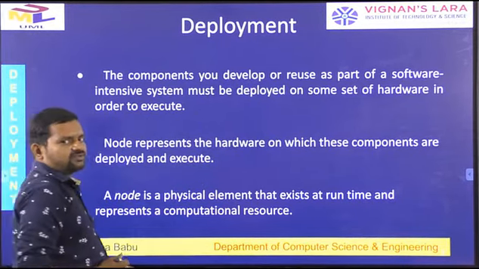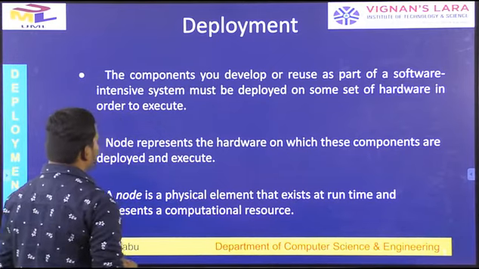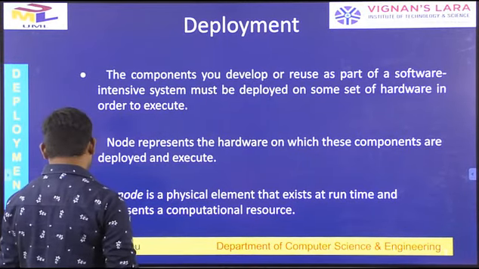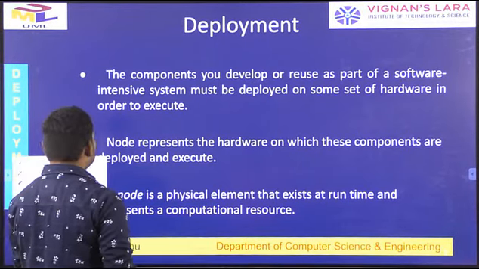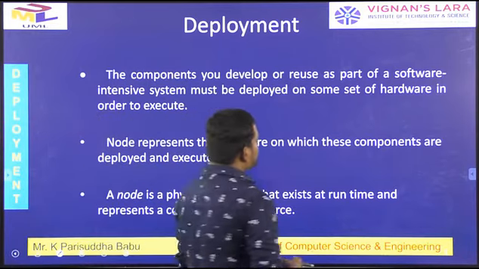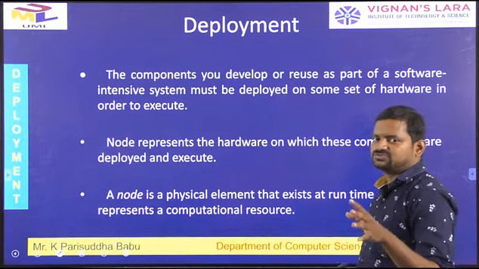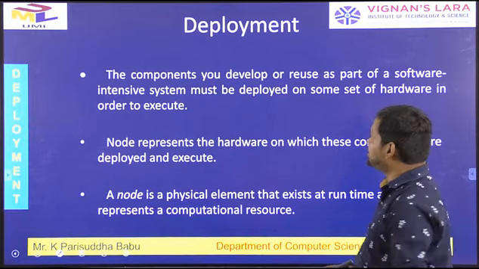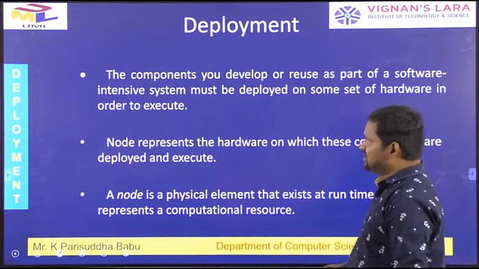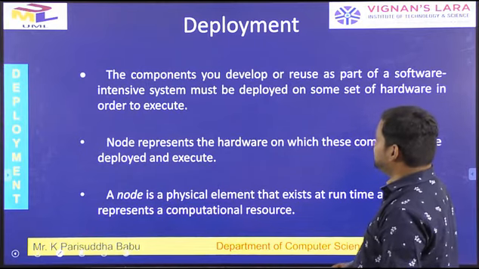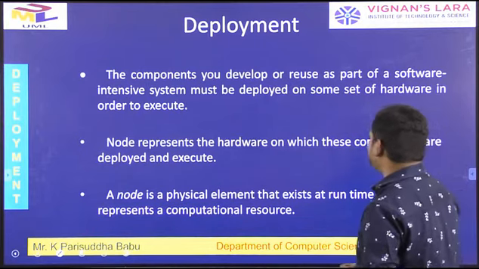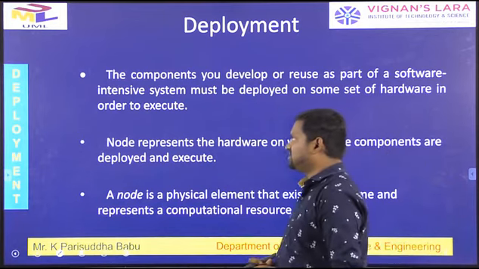What is a deployment? The components you develop or reuse are a part of your software. The components which you reuse or develop for a particular software, the system must be deployed on some set of hardware in order to execute.